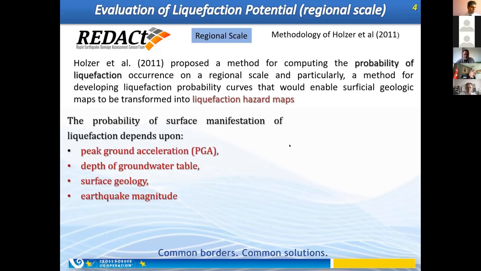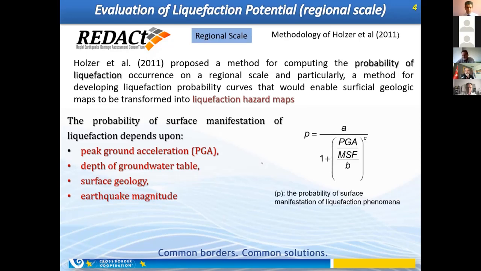Now, the probability of surface manifestation of liquefaction upon this methodology depends on the peak ground acceleration, on the depth of the groundwater table, on surface geology, and of course, on earthquake magnitude.